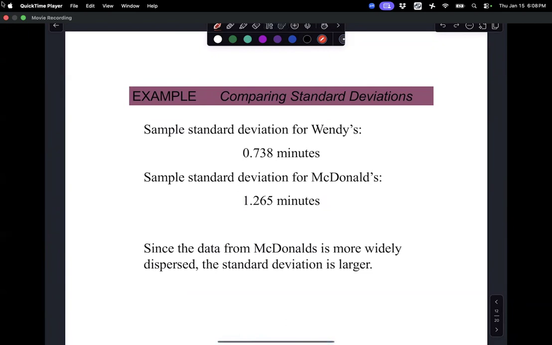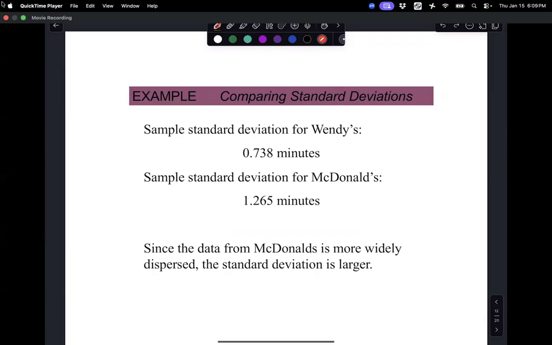Now, this doesn't say anything about what the wait times are. It just tells me how spread out they are. Since Wendy's has a smaller standard deviation, it is a more predictable wait time. The range of their wait times is smaller than the range of McDonald's wait times.